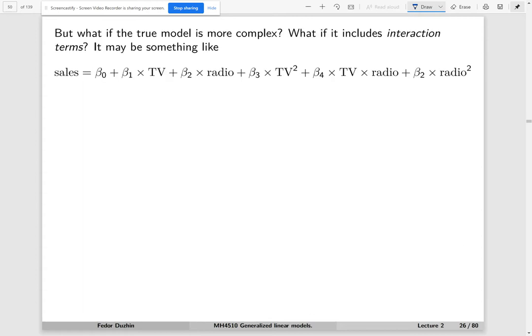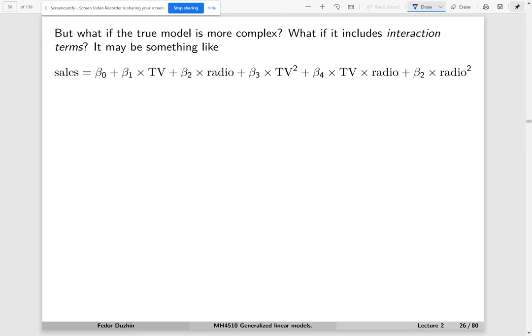Because maybe we think a little bit about it and realize that, wow, it doesn't really make sense that our sales grow linearly with the budget always. Because if this were true, it would be too good to be true. So imagine that we only have a certain market to work with, right?